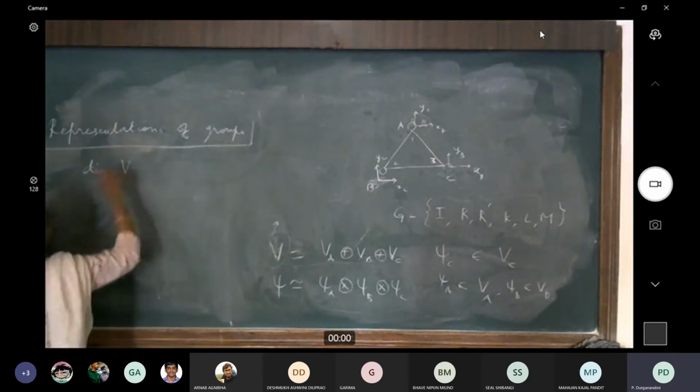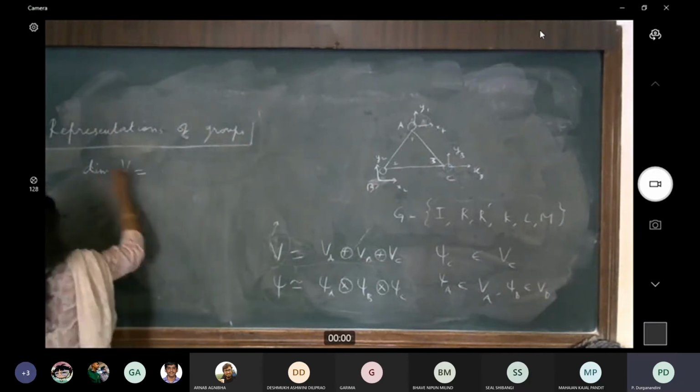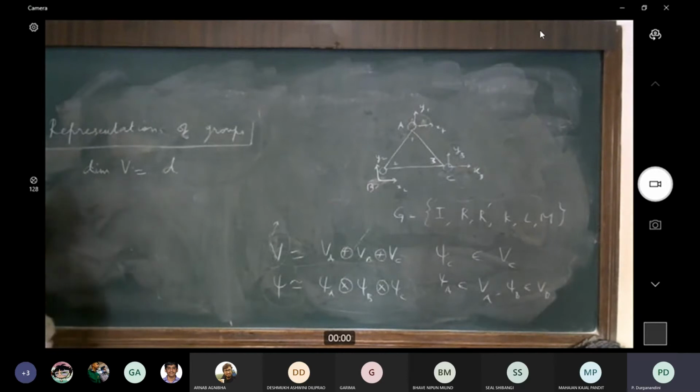Assume that my physical system is there and I want to find out the vector space in which that wave function is operating. And let's say the dimension of that vector space is D, suppose.